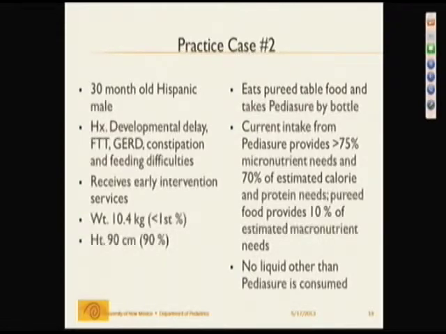Anybody else come up with any different ones? You could also use something like inadequate vitamin intake or inadequate mineral intake, because I told you that Pediasure only provides about 75%. You could use the multi-nutrient one.